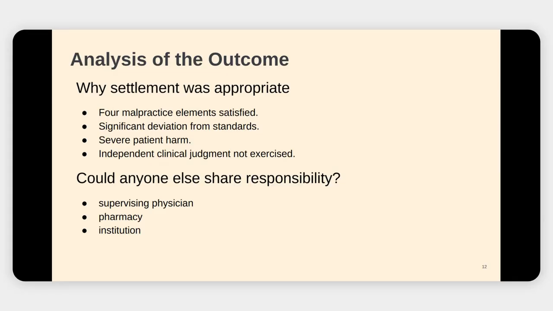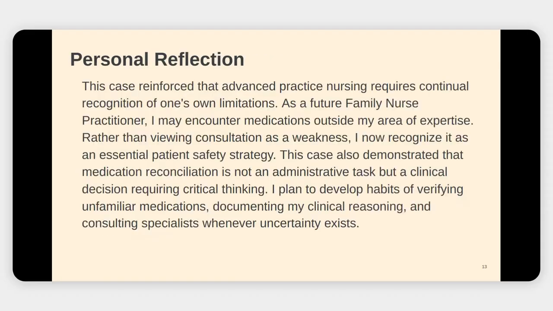The supervising physician, hospital systems, medication reconciliation process, and communication among providers all contributed to the patient's injury. Despite these system failures, advanced practice nurses remain individually accountable for exercising sound clinical judgment and recognizing when consultation is necessary. This case has had a significant impact on how I view my future role as a family nurse practitioner.